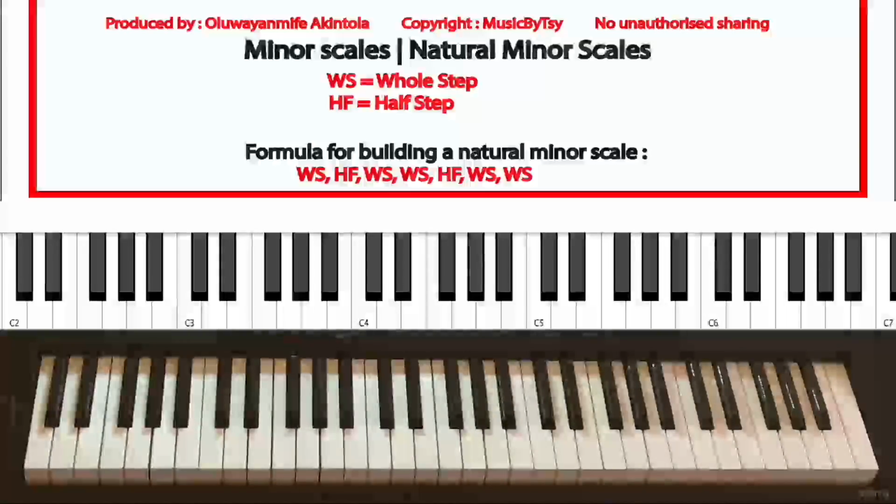So that's what I mean when I said that major scales and natural minor scales are related. Each major scale has a natural minor scale, and they both share the same set of unique keys. Now the A natural minor scale goes like this.